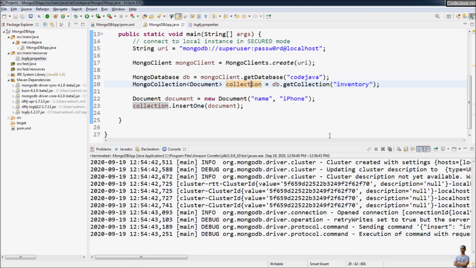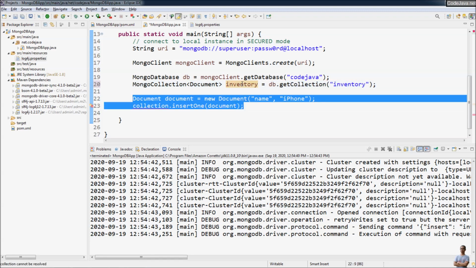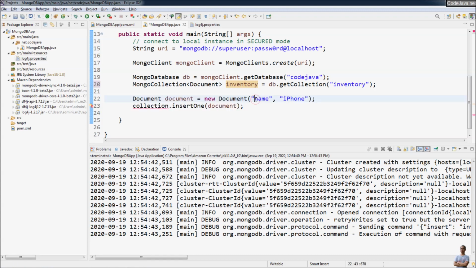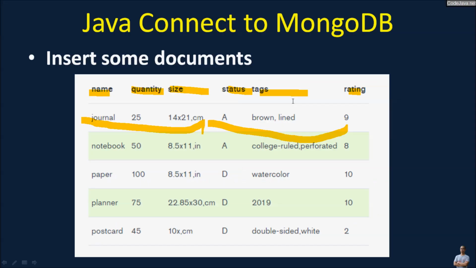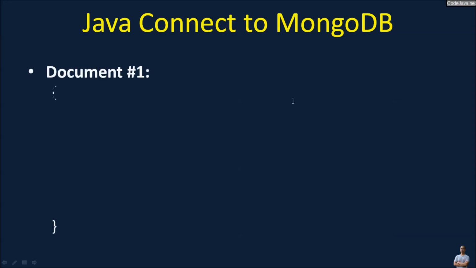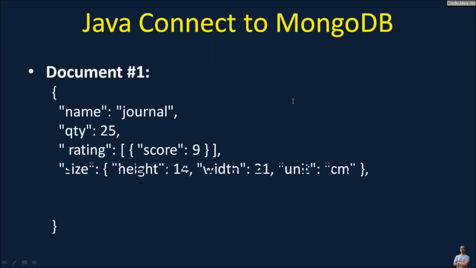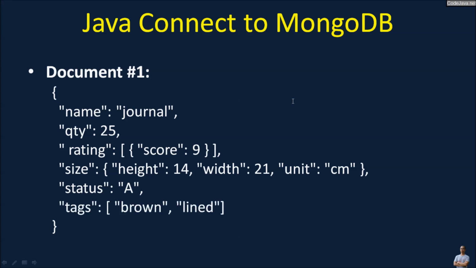Okay. Now come back to the Eclipse IDE. We change this variable name to inventory for better naming, and then we create the document with the name attribute. The value for the name attribute is journal, and this is the JSON format for the document here: name, journal, quantity, rating, size, status, and tax here.